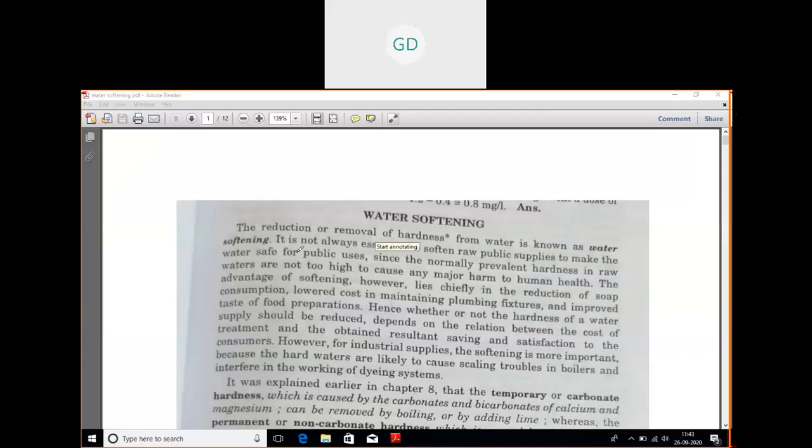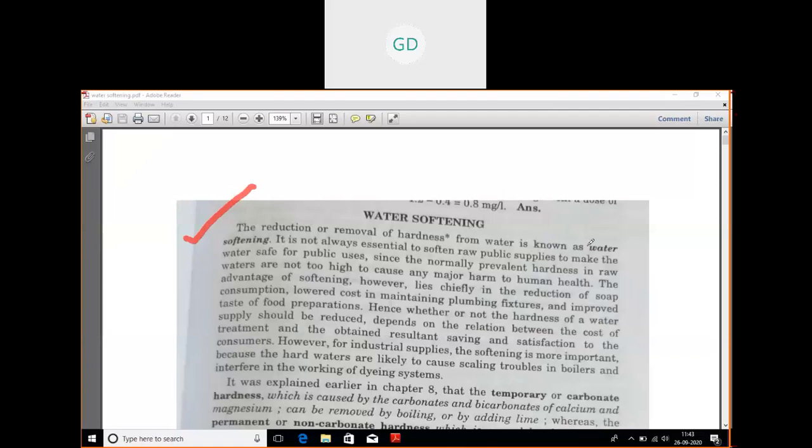So first you see what is water softening. As we have already discussed, when the water is hard, when carbonates and bicarbonates of calcium and magnesium are present in water, it is known as temporary hardness or permanent hardness.